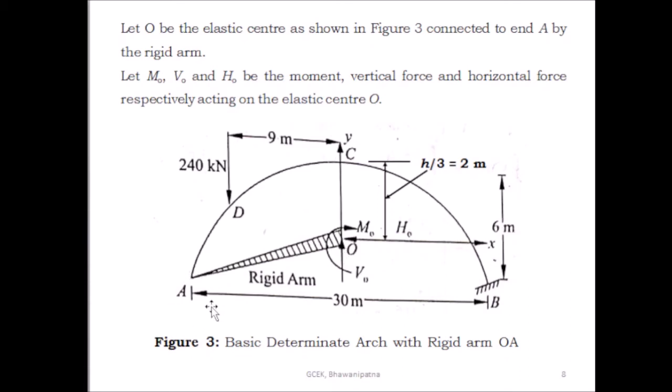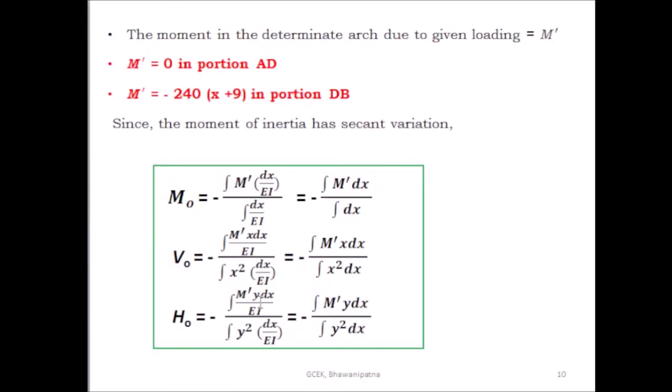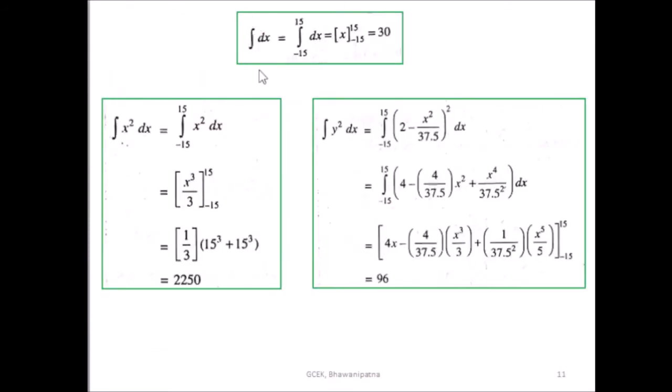So you integrate from minus 15 to plus 15 between the fixed arch A and B. Integration of dx is equal to the integral from minus 15 to 15 of dx, which is equal to 30.